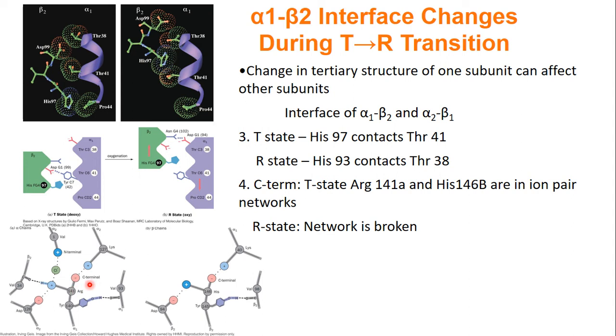However, in the R state, from that movement of oxygen binding, these networks are actually broken. So you break this ionic network. Again, that's a signal saying there's oxygen around, let's all shift more to the R state so we can get ready to bind oxygen.